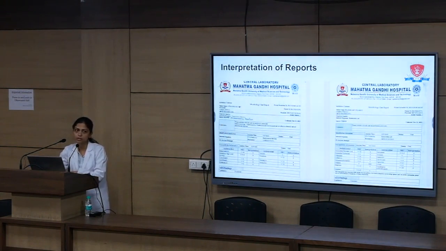Breakpoints are mainly the cutoff values for MIC for every organism, for every drug, and they are predetermined by universal organizations like CLSI and EUCAST in microbiology. We compare that with the MIC which we get from the machine, and we give this interpretation.